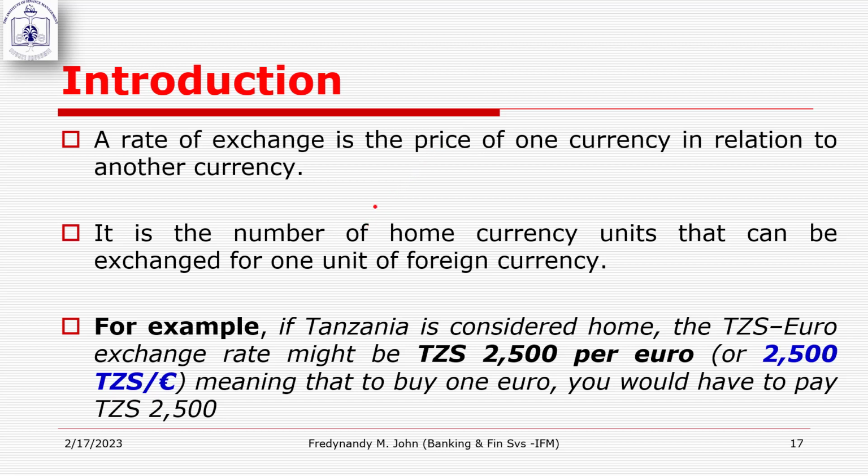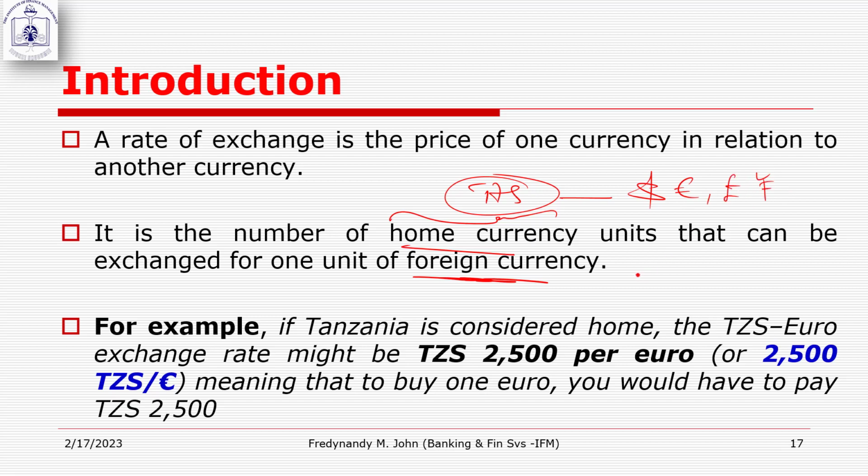From the domestic currency perspective, an exchange rate means the number of units of home currency required to be exchanged for one unit of foreign currency. For instance, if we are in Tanzania, the home currency is the Tanzanian shilling. So it is the amount of Tanzanian shillings required to acquire a single foreign currency, let's say a USD, euro, pound or Japanese yen.